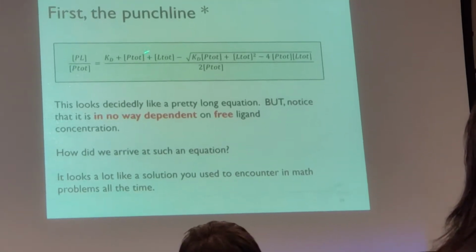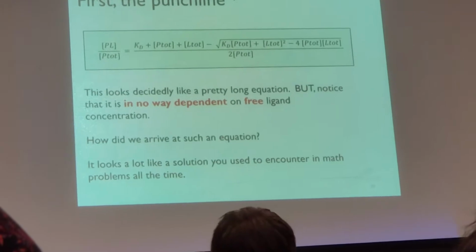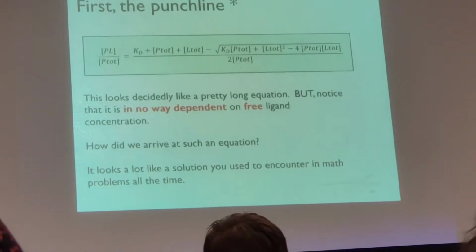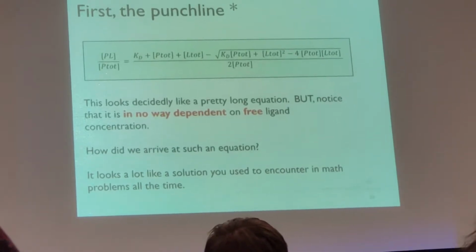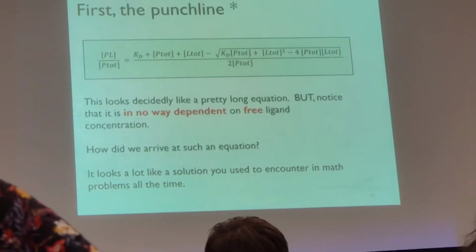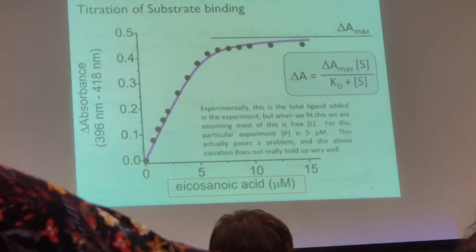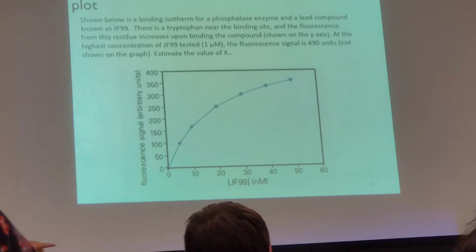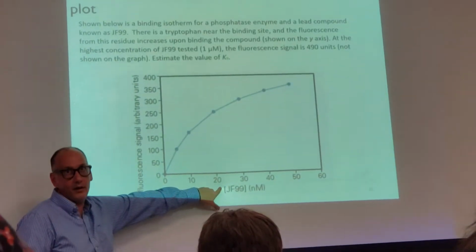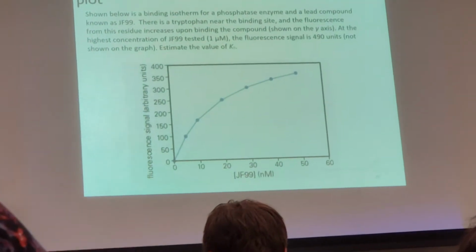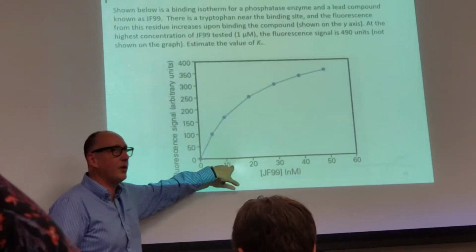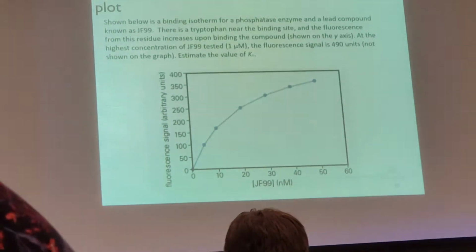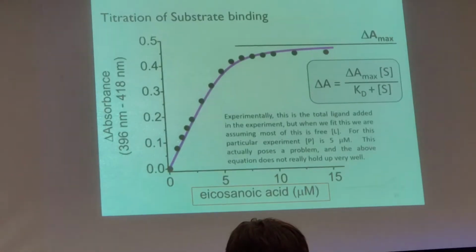But look at what my ligand now is. Do you see any free ligand terms in this equation? You see any L's by themselves? They're all L totals, right? Versus all the hyperbolas that we did before, these are all essentially free. So that's the critical difference. We assume that they're total because that's what we know, but this type of analysis assumes that most of it is free. All right, so that's the utility of it.